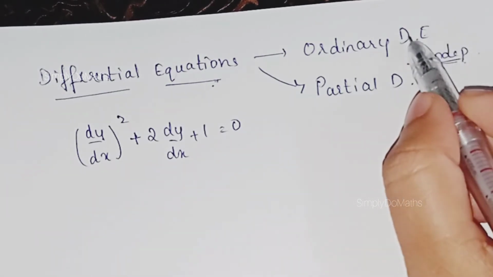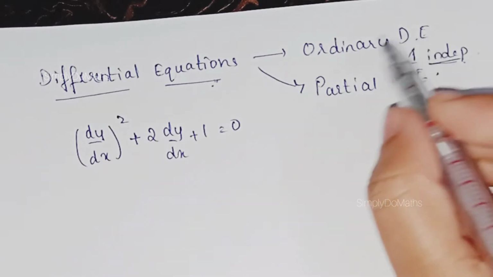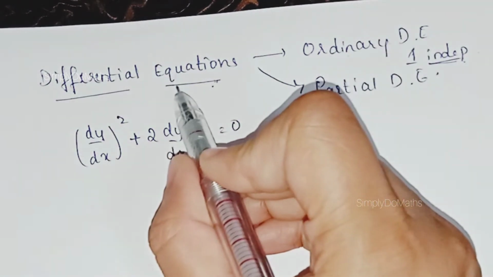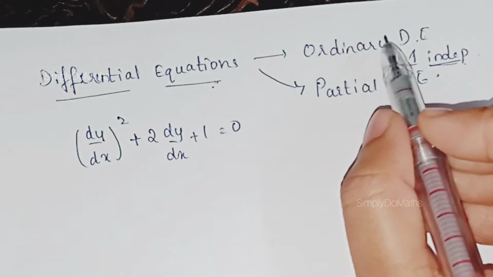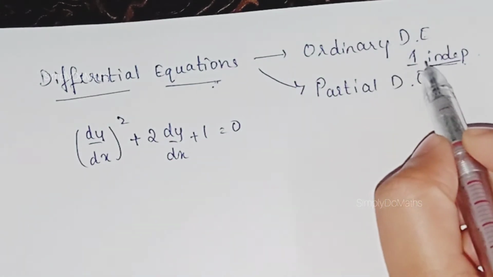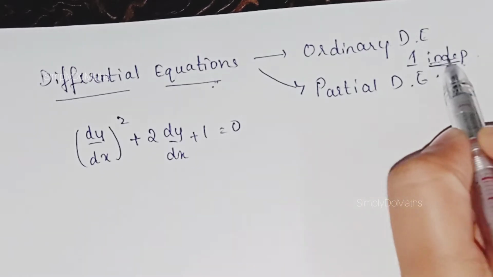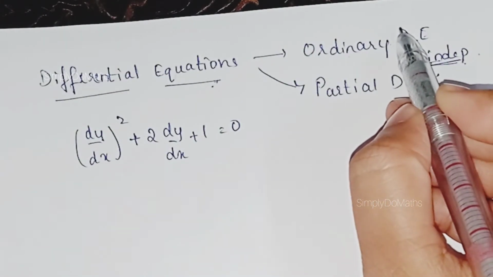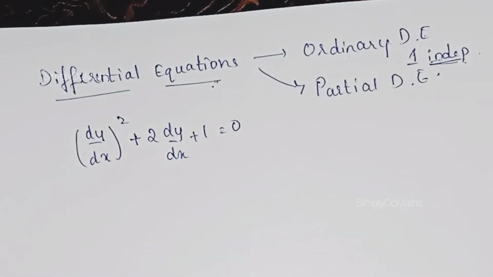So the definition states that an ordinary differential equation is a differential equation which involves only one independent variable and derivatives of the dependent variable with respect to the independent variable.